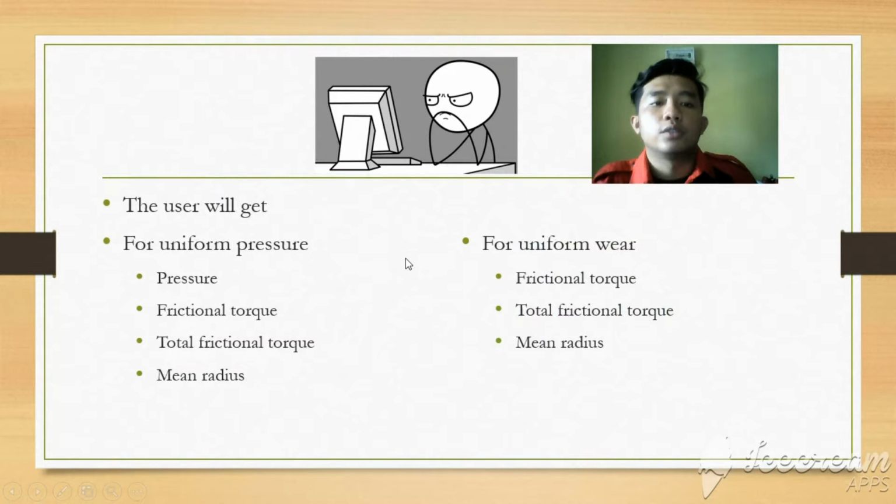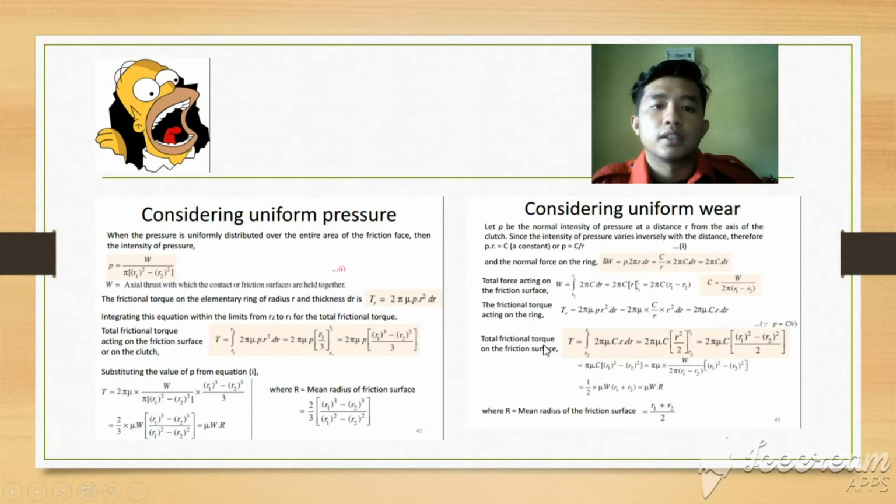So for uniform pressure, the user will get number one, pressure, number two, frictional torque, number three, total frictional torque, and ring radius. For uniform wear, they will get only three things: frictional torque, total frictional torque, and mean radius. So this is the comparison between these two conditions. Mainly there is a difference in the formula for the pressure, and here for uniform wear there is no pressure.